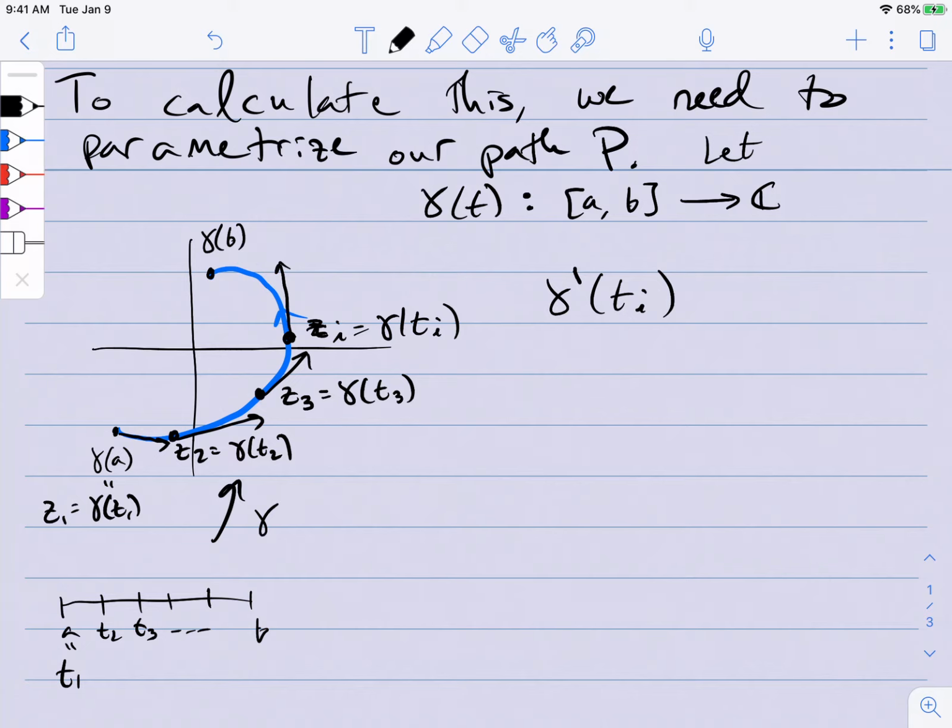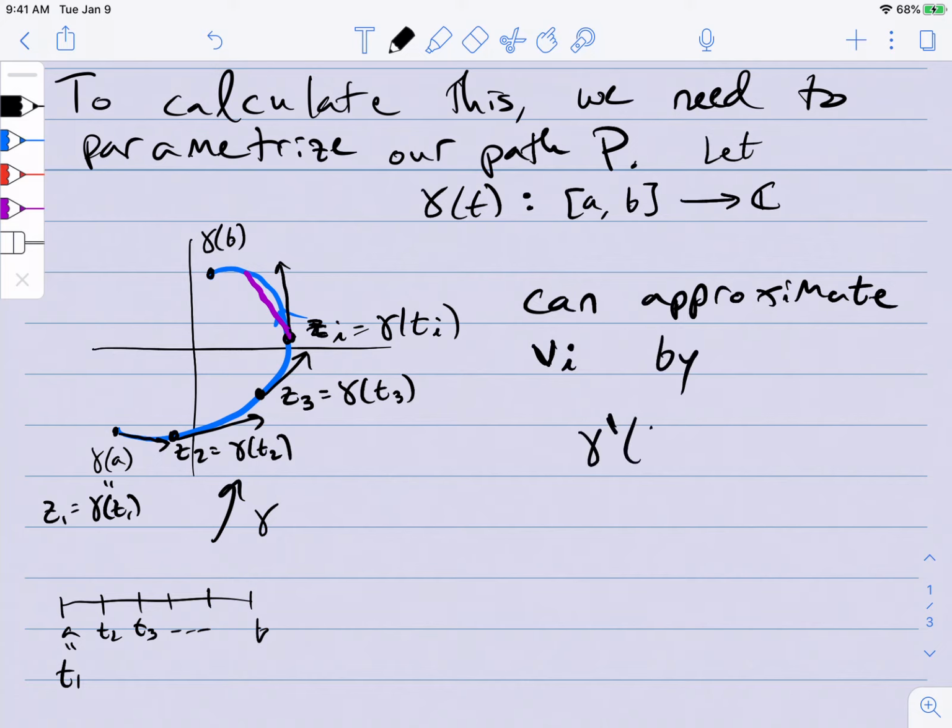So let me write out what I said. So I can approximate the vector vi, which is supposed to itself be kind of approximating part of this path, by looking at gamma prime of ti, and I have to scale it appropriately. Basically, it depends on how fast I'm going.